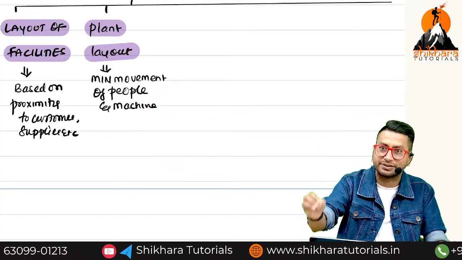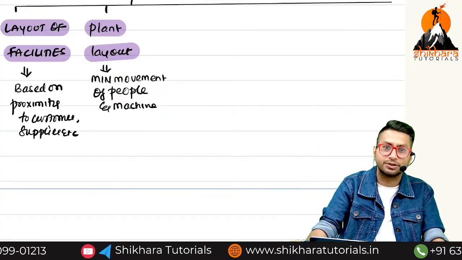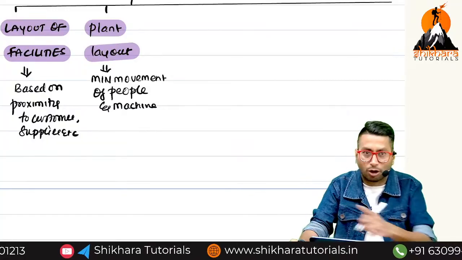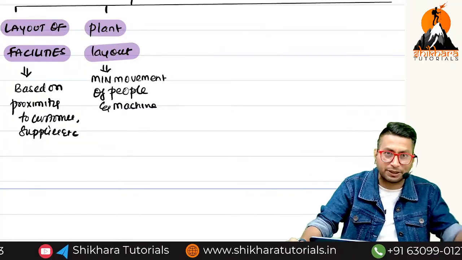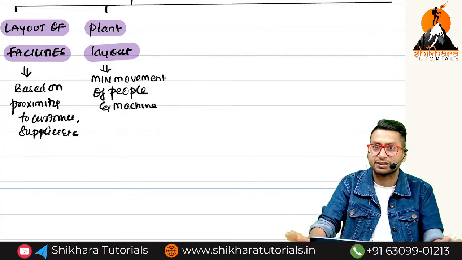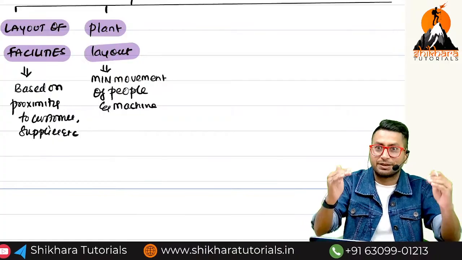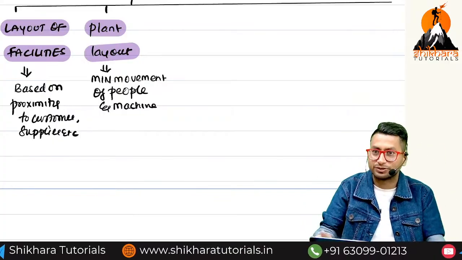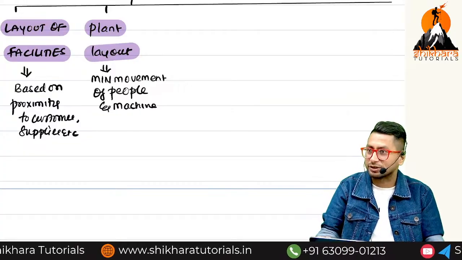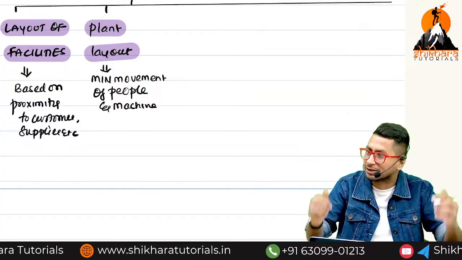And if some work is there, easily one hour. It is taking a lot of time to move an employee from one place to another inside the same facility. When movement time increases, work time reduces, efficiency reduces. I will be able to do less work in more time.